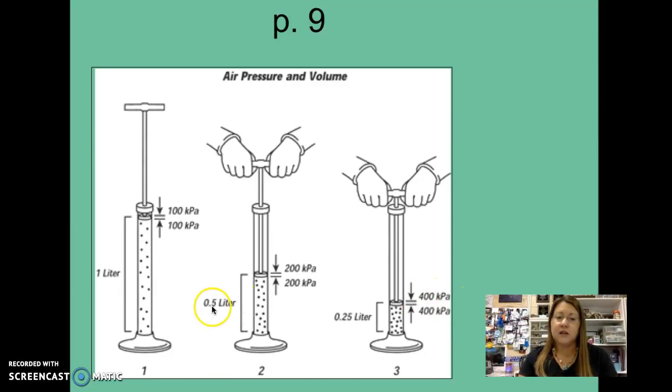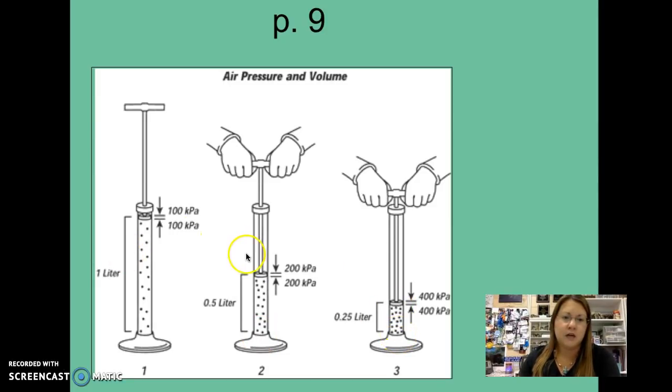So now that amount of space, that amount of volume, has gone down even further. It's half of that. So it's half of 0.5 liters, which is 0.25 liters. So you can see with the increase in pressure going from 100 to 200 to 400, that's decreasing the amount of space from 1 liter to half a liter to 0.25 of a liter.